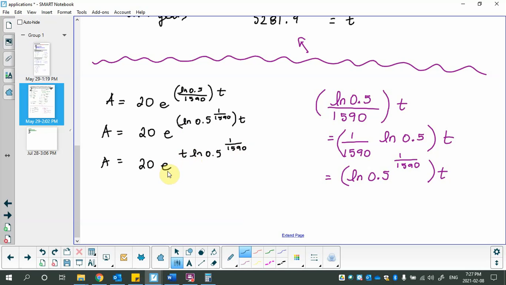And this would be fantastic if this t wasn't in the way, because then I'd have an e and a ln in a row. So why don't we use the law of powers, because we've still got lns, to fling that t up here.